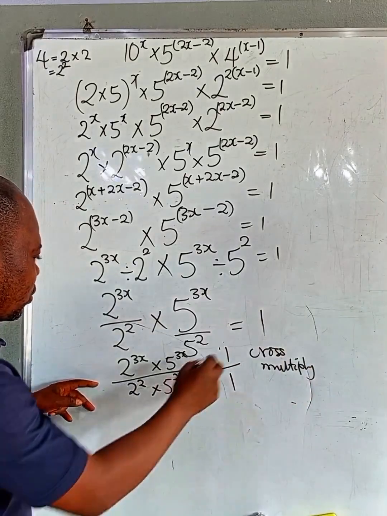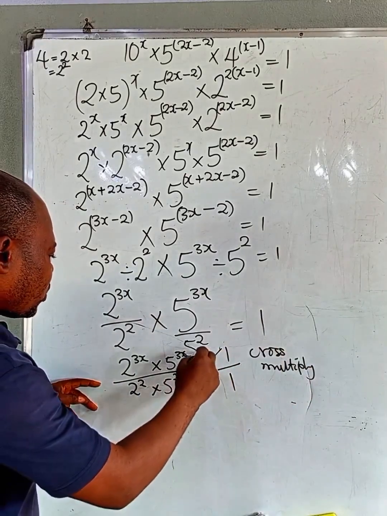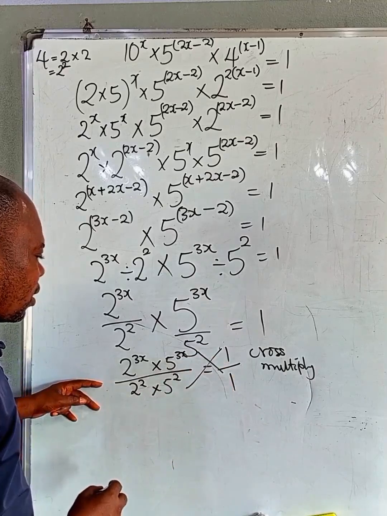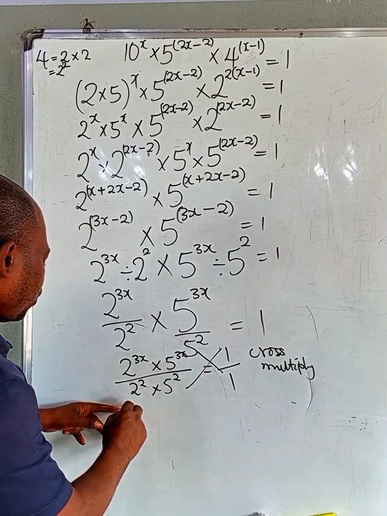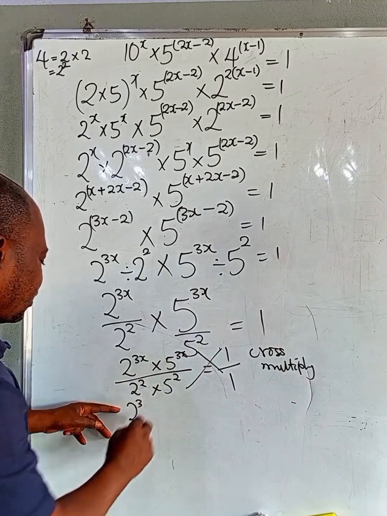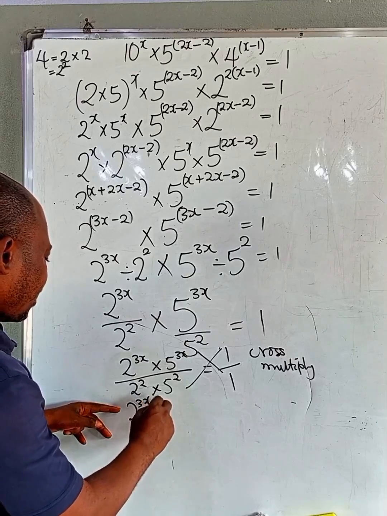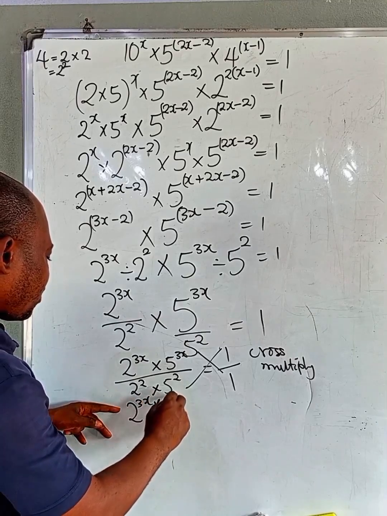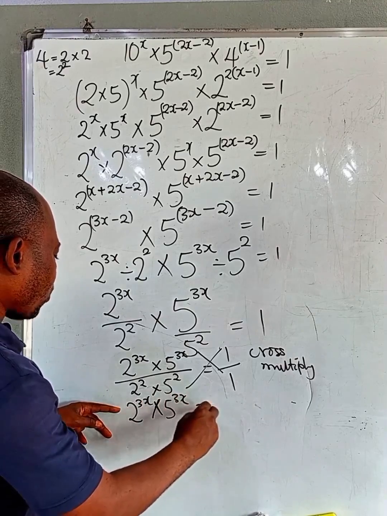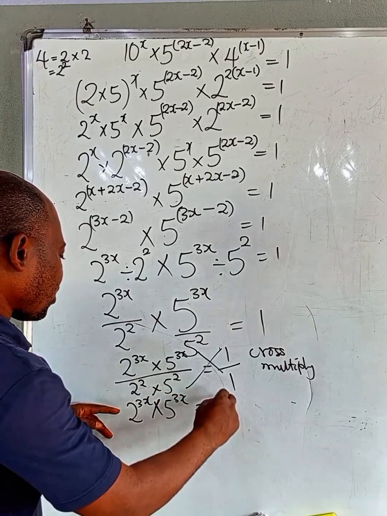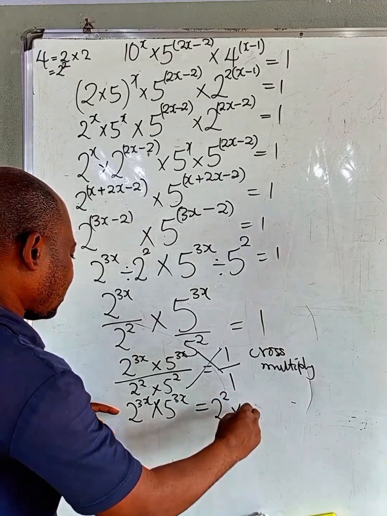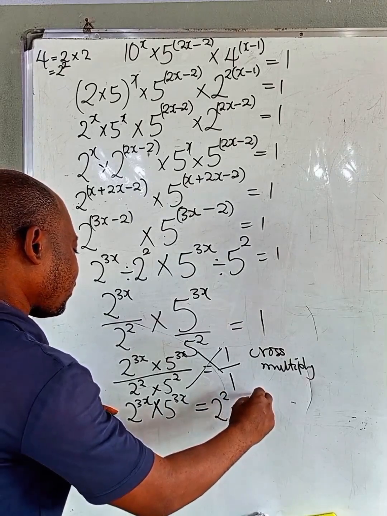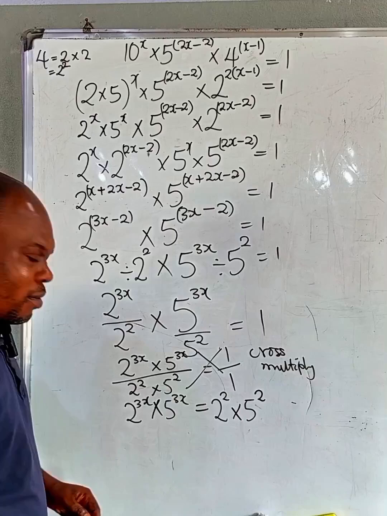So what we have is 2 raised to the power of 3x times 5 raised to the power of 3x equal to 2 raised to the power of 2 times 5 raised to the power of 2.